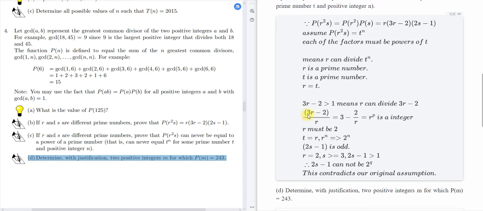So let's try. 3R minus 2 divided by R equals 3 minus 2 over R, which equals a power of T. Since R equals T, it's a power of R. It's an integer. So R must be 2.